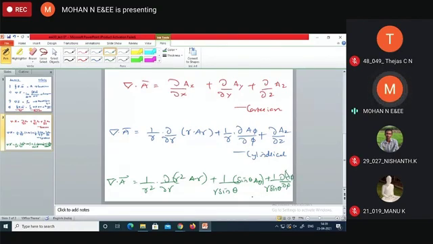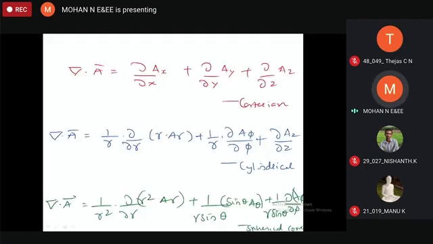This is in spherical coordinates. Just copy this down, this is very important. We have to solve problems using these equations.